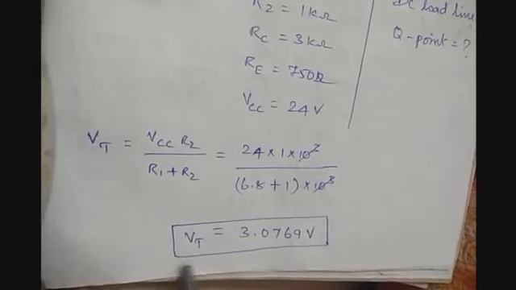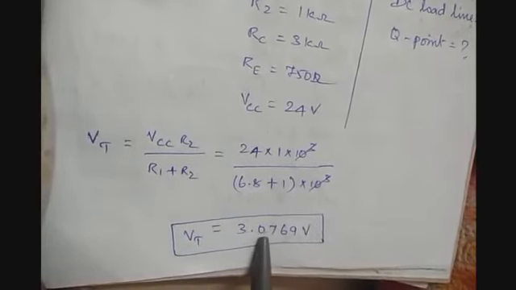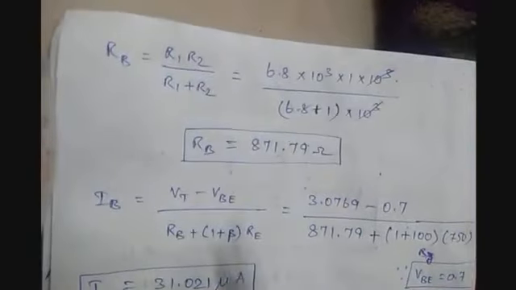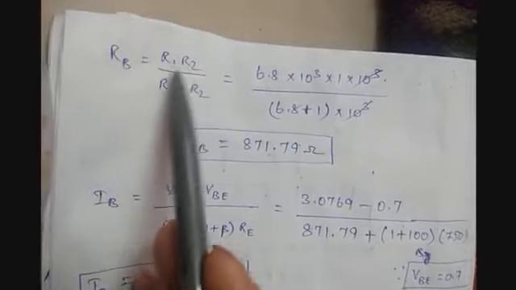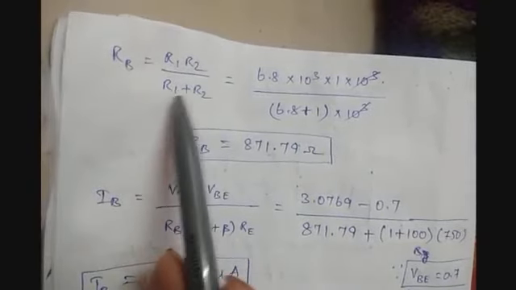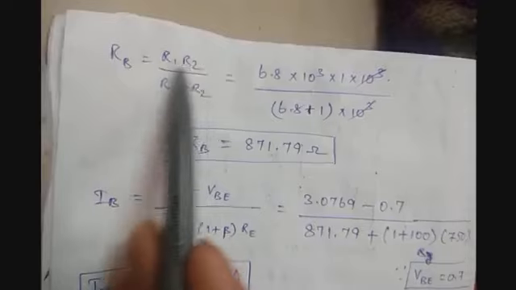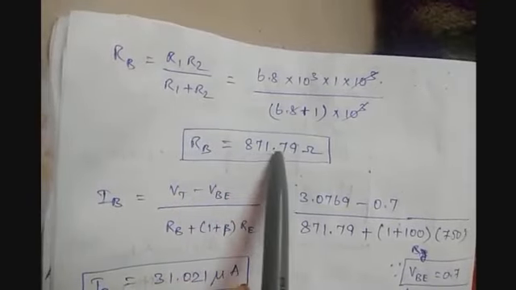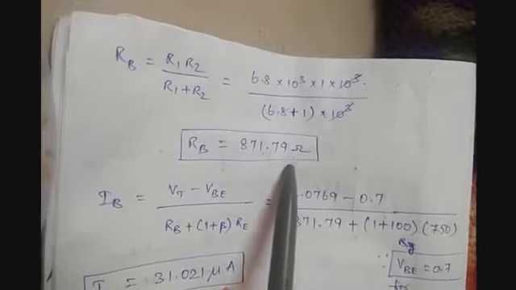After simplification we got the VT value, that is 3.0769 volts. Next we are going to calculate the IB value, RB value first, then IB value. RB equals R1 R2 by R1 plus R2, this formula we know. After simplifying, we got the RB value, that is 871.79 ohms.